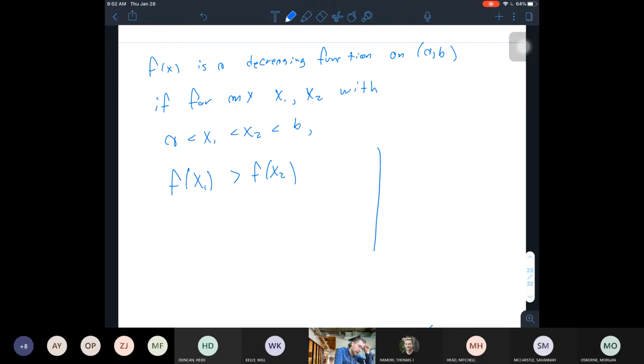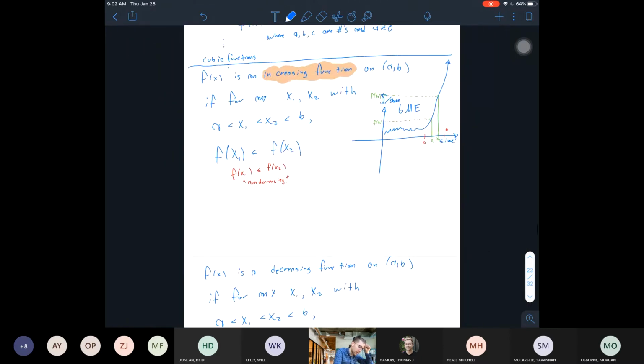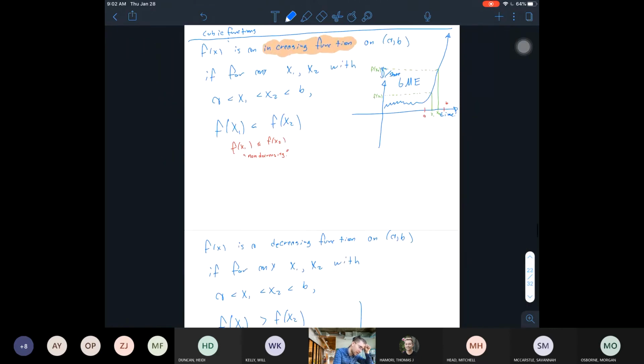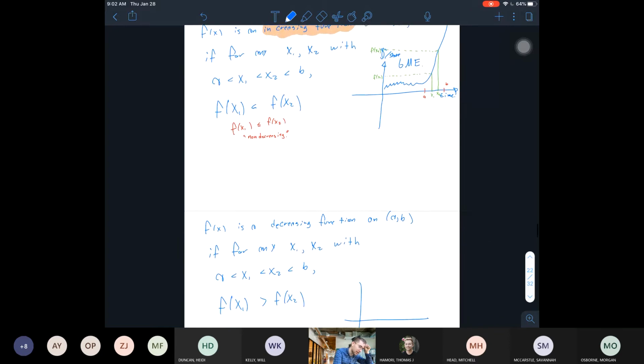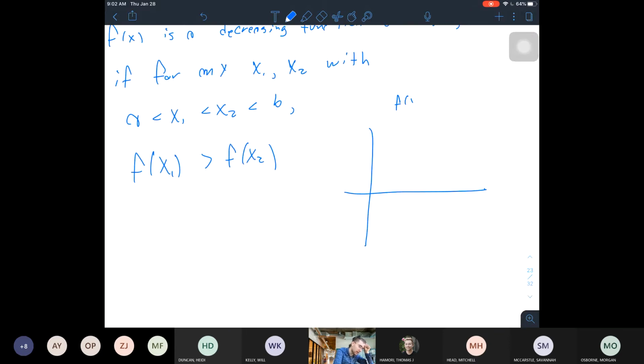Well, if we have a graph, and I don't think I have as good of an example for a decreasing function as I do for my increasing function, but we can just take f of x to look like the following. Maybe it looks like this.